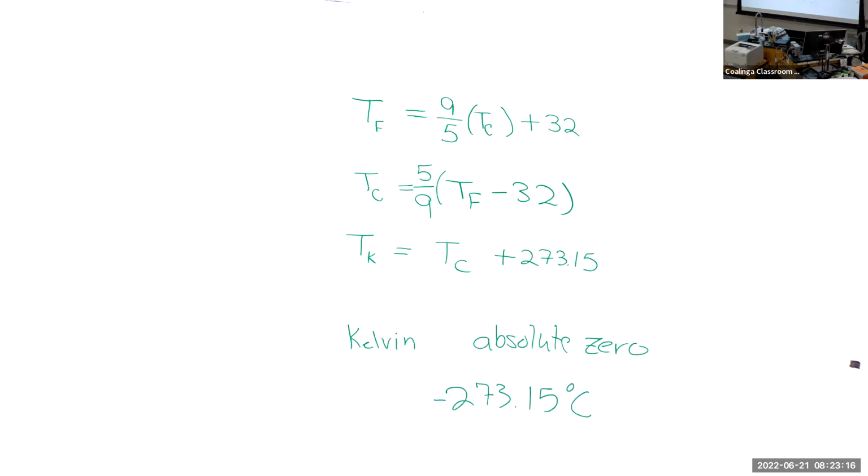Okay, so the Kelvin scale is based upon absolute zero. Things stop moving at negative 273.15 Celsius. So that's how we base it upon that scale, and that's why we use 273.15 to go from Celsius to Kelvin.